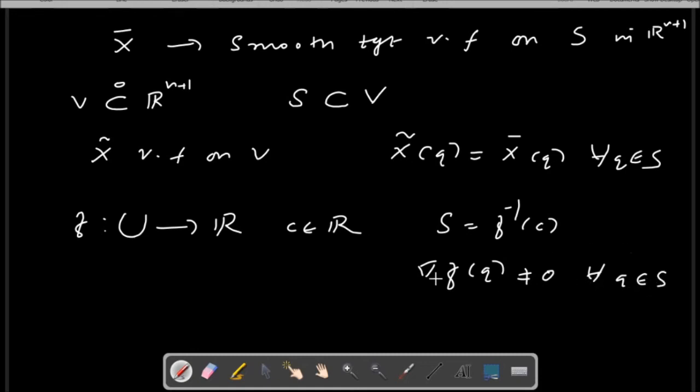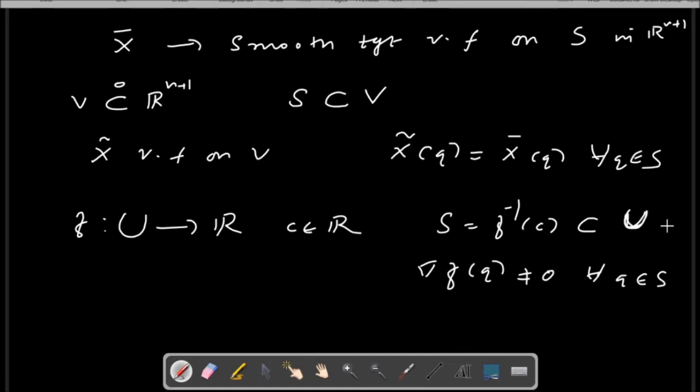Because in the n-surface, for whatever points that come in this f inverse of c, del f of Q must not be equal to 0. So this Q must be inside your U, because this entire f inverse of c is a part of U. So this is contained in U. Okay, so S is contained in V and S is contained in U also, correct?